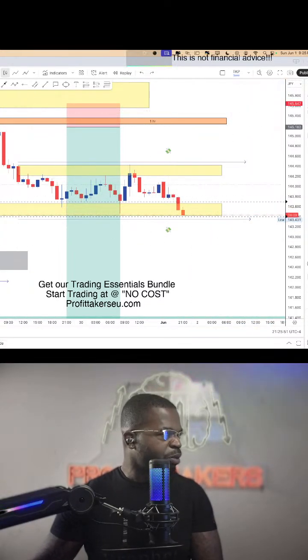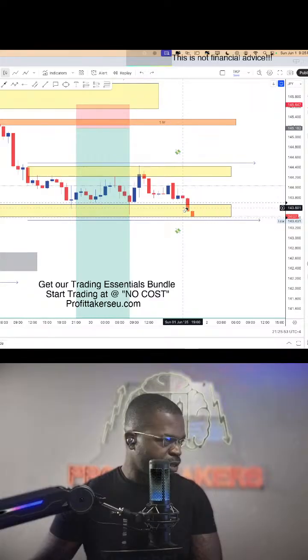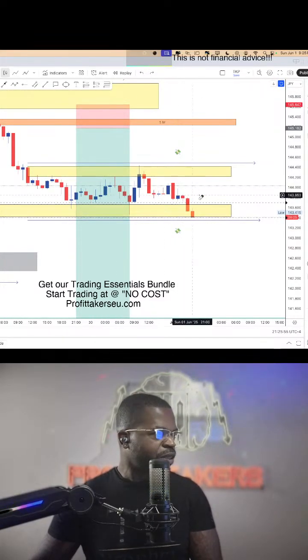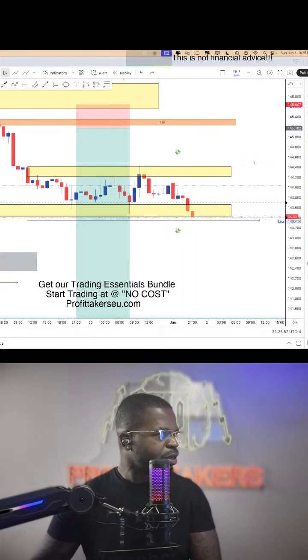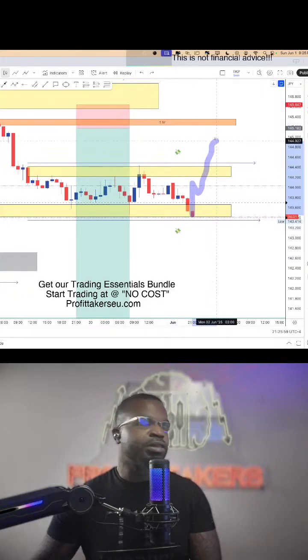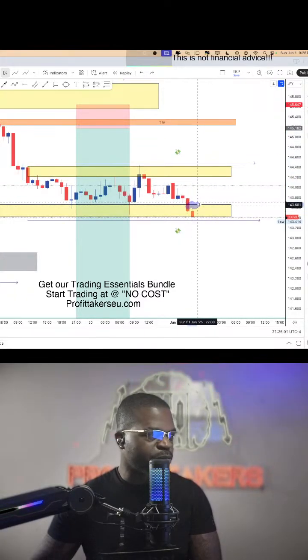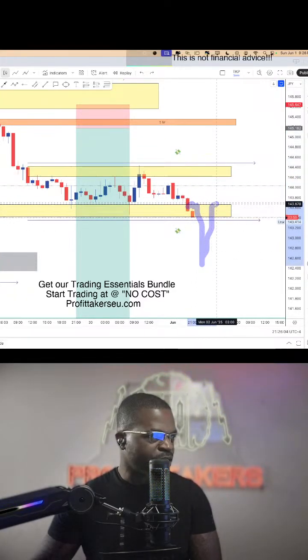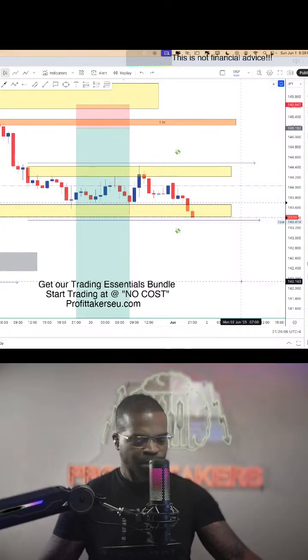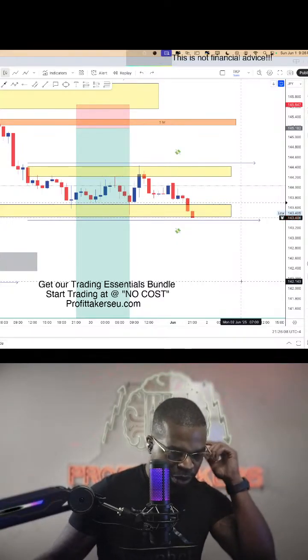So those are the two possibilities. We'll either get that retracement to that level that you have, or it's just gonna break right beneath it and we'll re-enter right here. Great work though, great work.